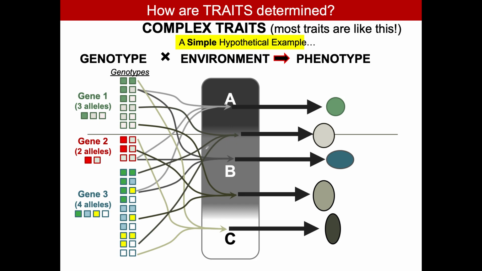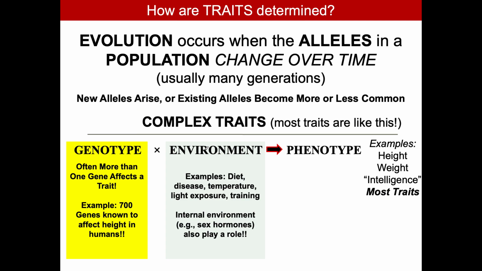And so when you expand this out to include hundreds of genes and hundreds or thousands of different kinds of environments, both internal and external, you can imagine the phenotypic complexity, the complexity in human traits or any animal's traits, right? Again, think about height. It exists on a continuous scale and is influenced by 700 genes.